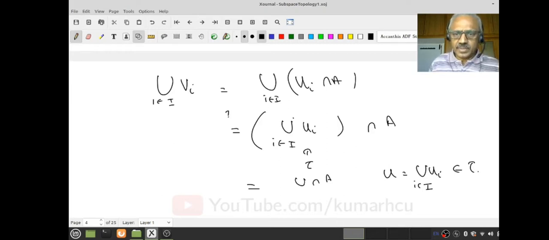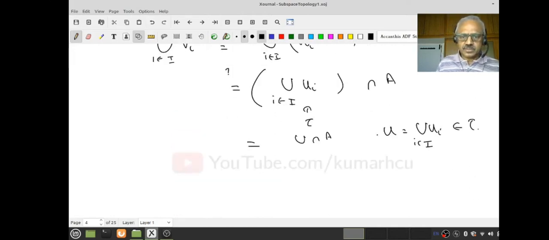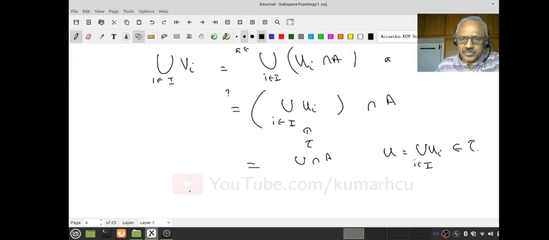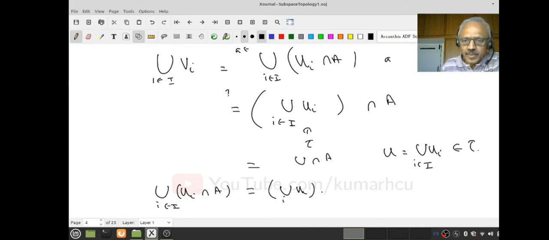Right? And why is this true? That's very easy. I'm just trying to prove it, because most often, as I keep saying, many students' problem is this set theory. You intuitively believe everything is all right. This is what you want to prove.